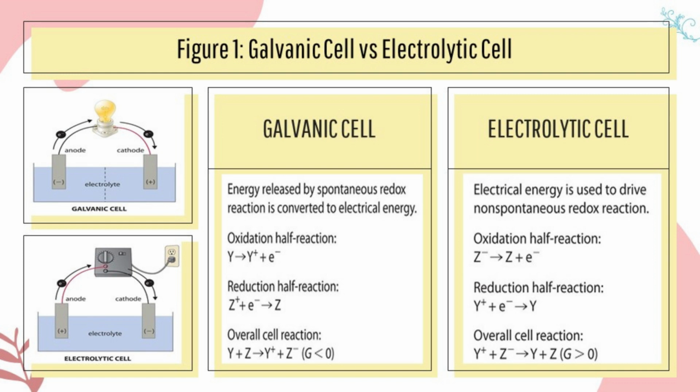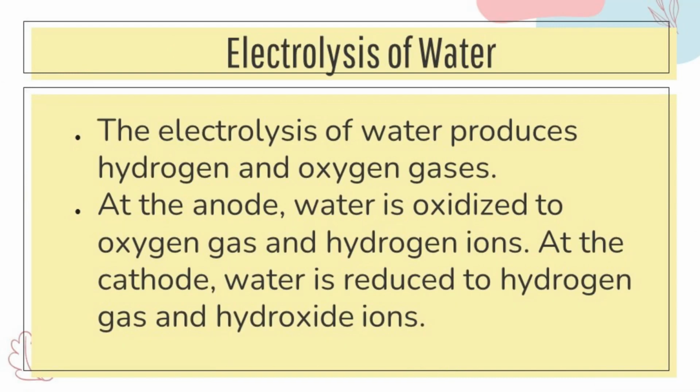And then sa cathode naman, siya yung nagiging negative kasi nga nakakonekta siya doon sa negative terminal or negative side of the battery or different types of power sources. Okay, so that is the difference between galvanic cell and electrolytic cell.